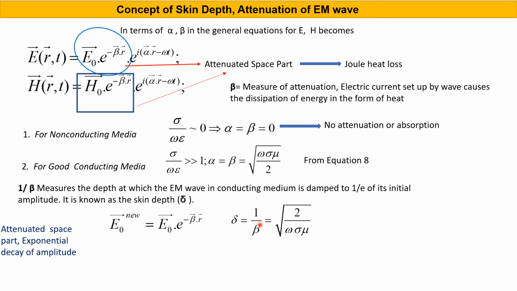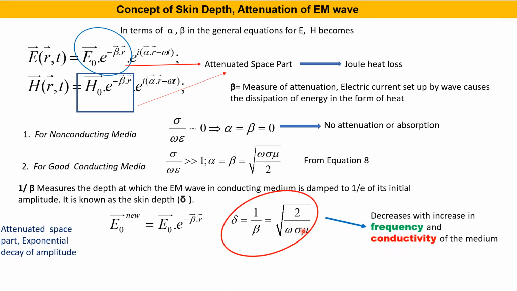Now the skin depth delta is proportional to 1 by the imaginary part of the wave vector, and that is proportional to the inverse of the root of the frequency. So if there is an increase in the frequency of the signal, then the skin depth will decrease, and it also depends on the conductivity of the medium.